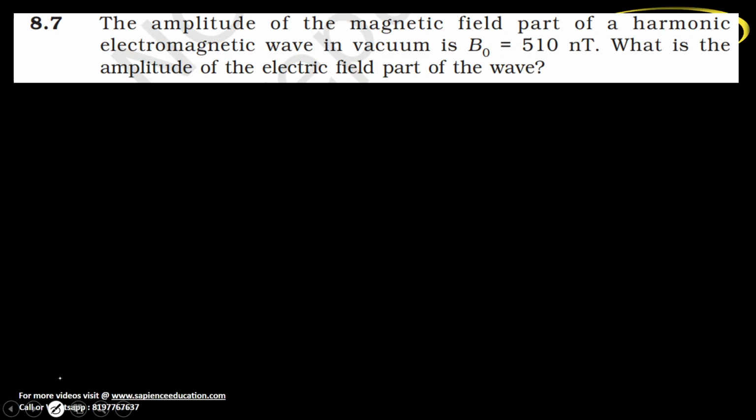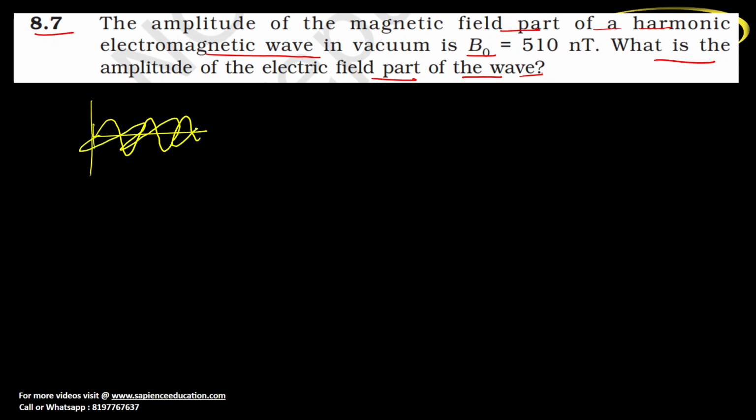Our next question is 8.7. In 8.7, the amplitude of the magnetic field part of a harmonic electromagnetic wave in a vacuum is 510 nanotesla. What is the amplitude of the electric field part of this one? So in any electromagnetic wave, there are two fields, the electric field as well as the magnetic field.